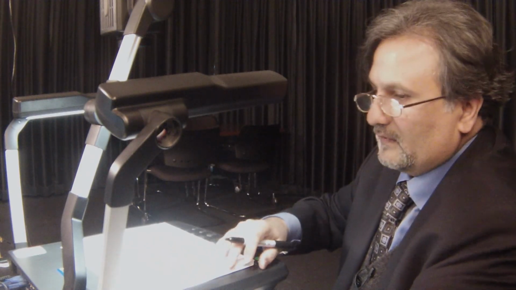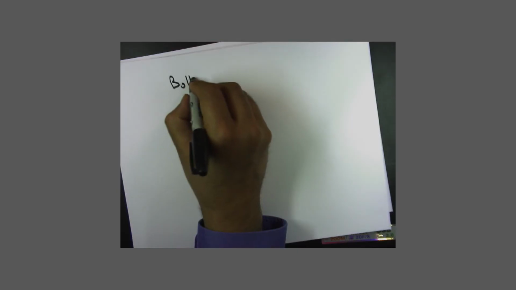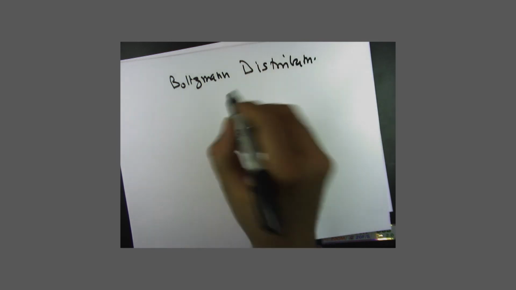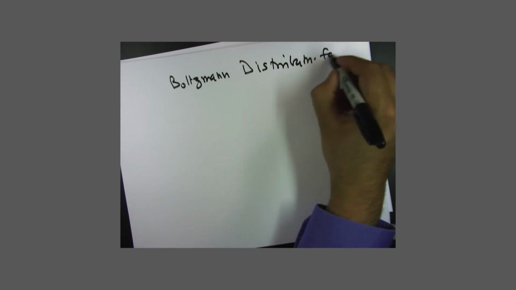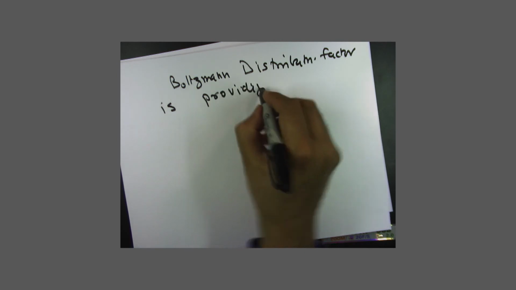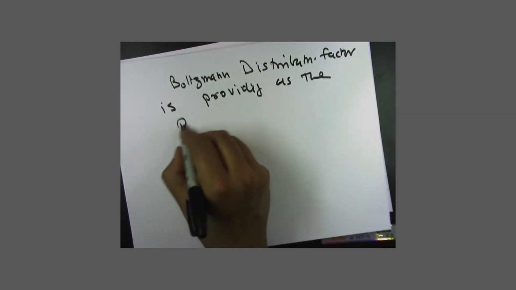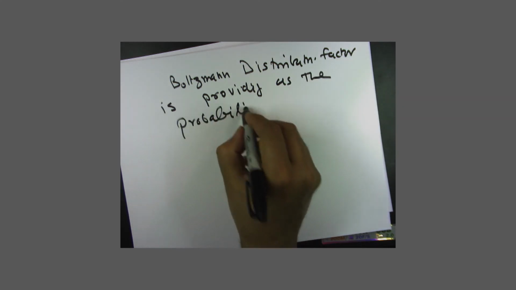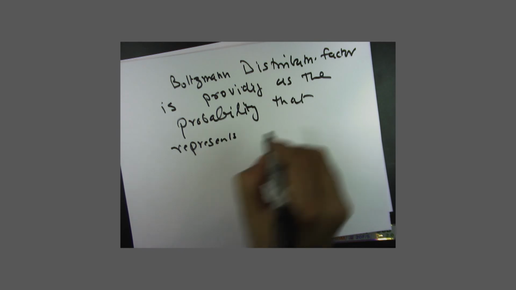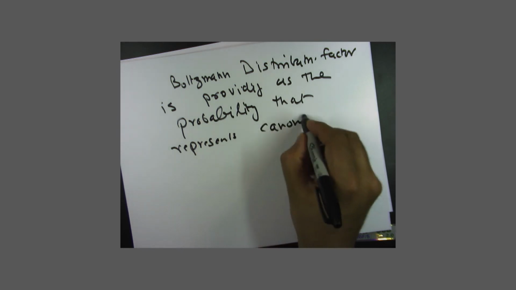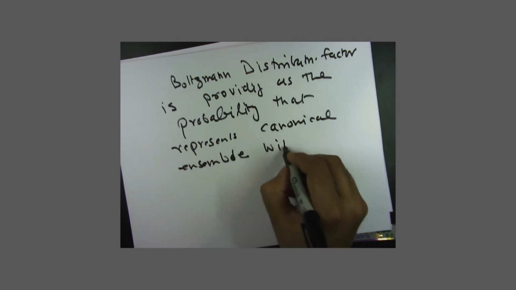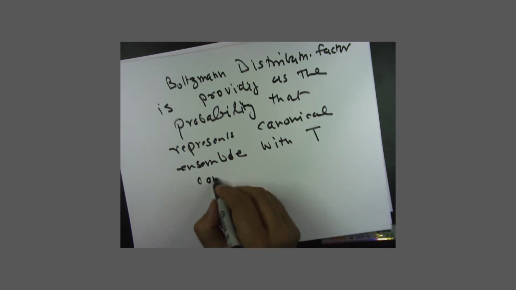in order for us to say that the Boltzmann distribution, or distribution factor, is providing us the probabilities that represent the canonical ensemble with T constant.